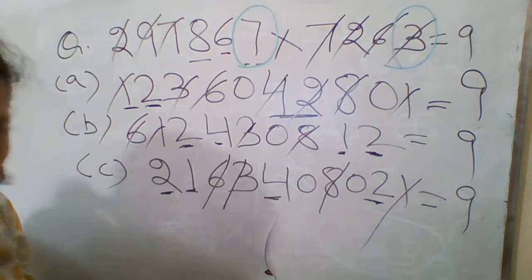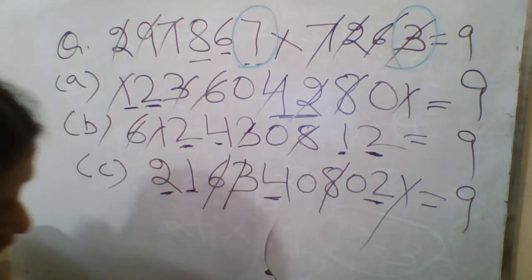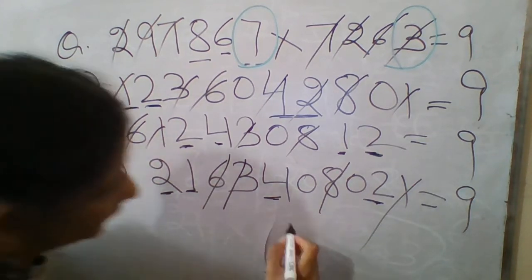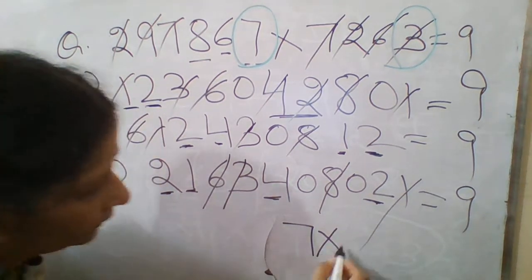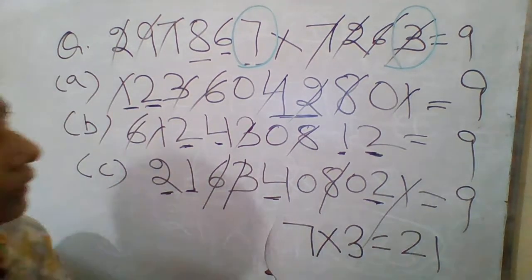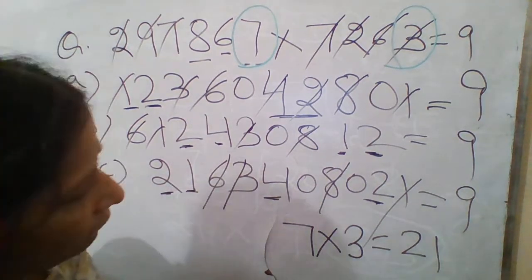And if you multiply this 7 into 3, 7 3s are 21. So 7 multiplied by 3 is equal to 21. So now you know all the digital roots are the same everywhere.